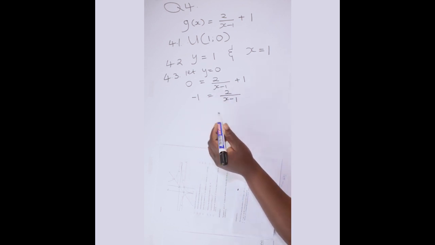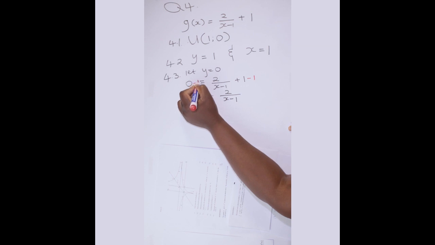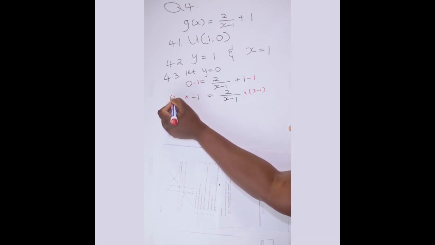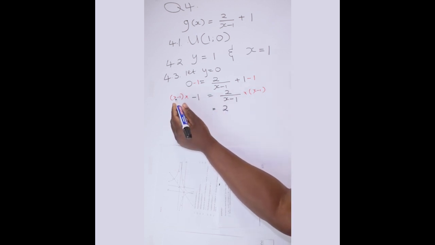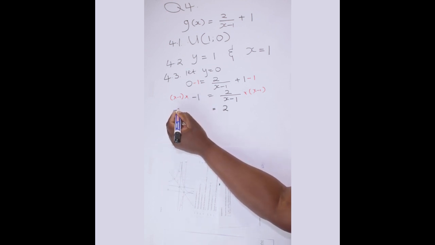Then you multiply both sides by x minus 1. So here what you have done is subtract 1, then multiply by the x minus 1. When you do that, you will end up on the right side with only 2, and on the left side you will multiply out to remove the brackets. So then you will have a negative x and plus 1.